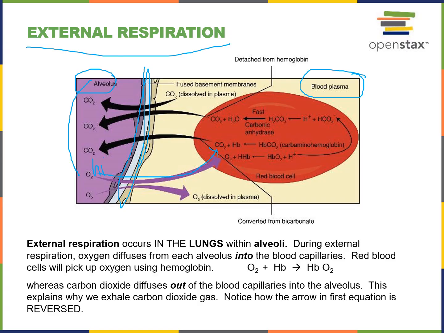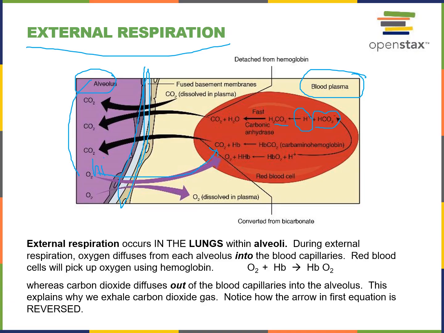Now, carbon dioxide will be present in the blood that has arrived at the lungs. The carbon dioxide is present as the bicarbonate ion. So what will happen is the bicarbonate ion combines with hydrogen ions to form carbonic acid.